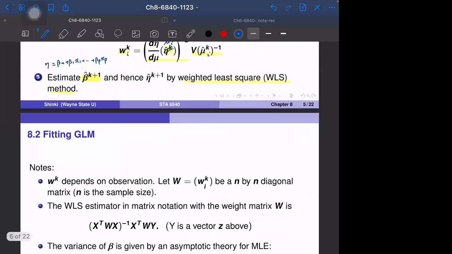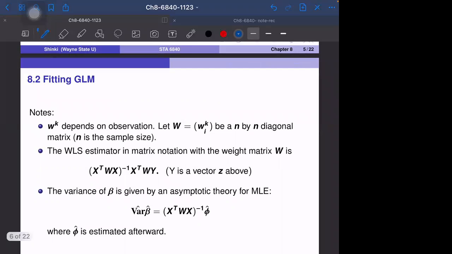So this is the procedure, and here wk depends on the observation, so w should be written as wk sub i. k is the iteration and i is the observation. If we think about the diagonal matrix with these entries, from i equal to 1 to n, this becomes an n by n matrix. Using this weight matrix, the weighted least squares estimate is here.